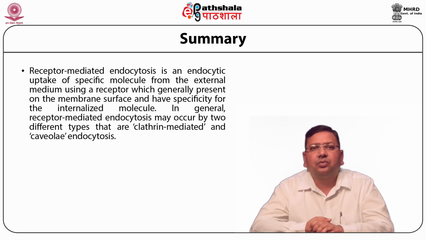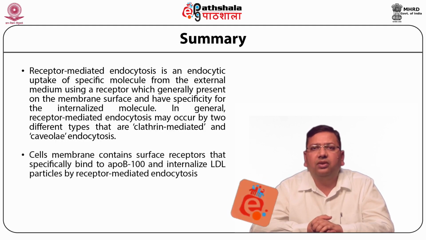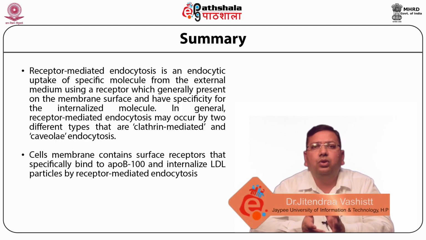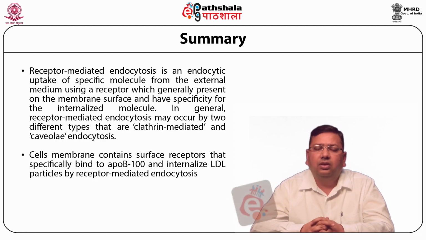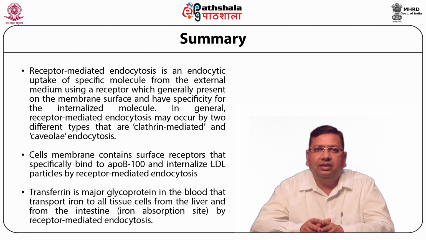In general, receptor-mediated endocytosis may occur by two different types, that are clathrin-mediated or caveolae endocytosis. Cell membrane contains surface receptors that specifically bind to ApoB100 and internalize LDL particles by receptor-mediated endocytosis.